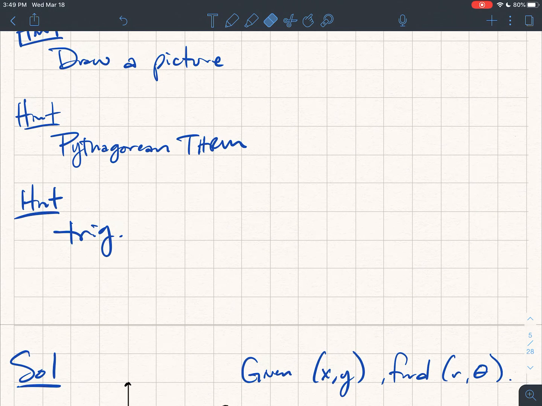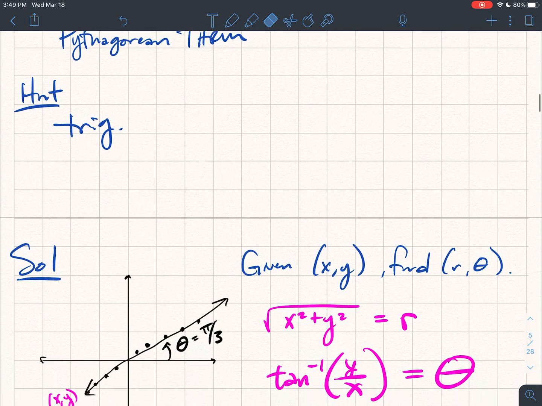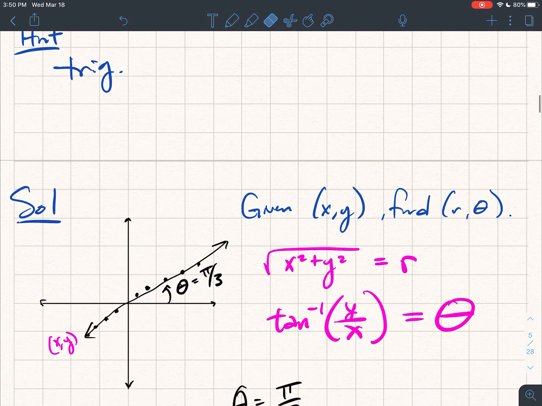So here's the solution, how to take rectangular coordinates to polar coordinates. I've got a picture. Actually, that's a terrible picture. Let's get a different picture. So I've got some xy.